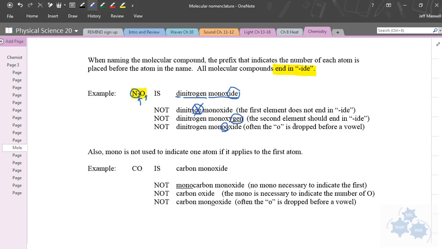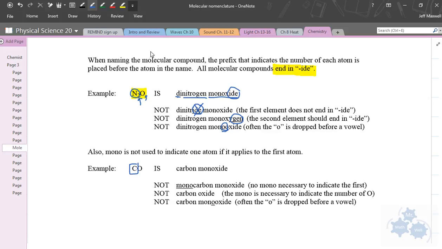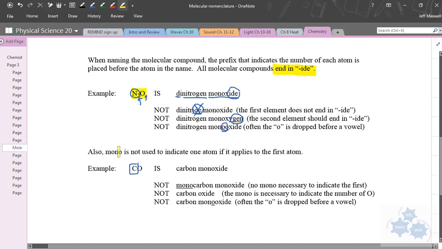Another example here, if there's only one atom of the first element, we often drop the mono for the first atom. Mono is not used if it applies to the first atom. So this one, CO, is carbon monoxide.